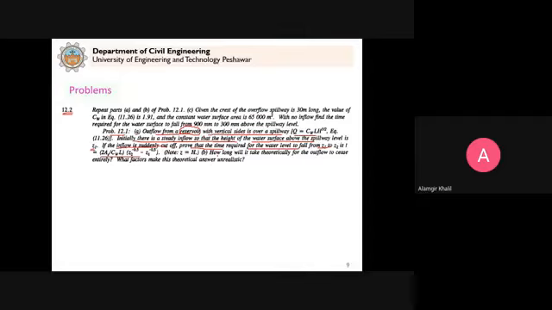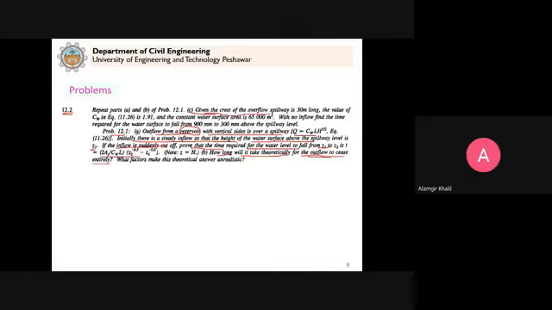What is part B of the question? How long will it take, theoretically, for the outflow to cease completely? How much time will it take for the water level to come to such a level that the outflow is stopped? And part C is given here.